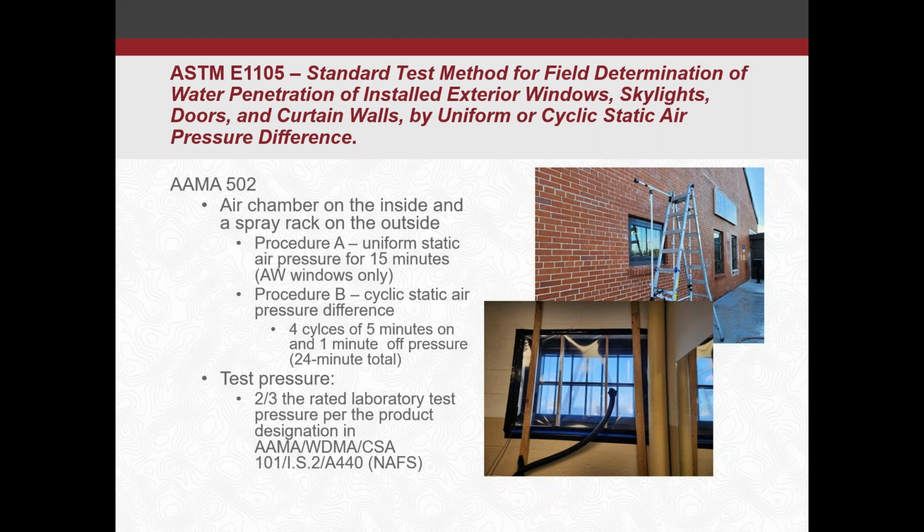The only thing that changes is the interior pressure in the negative air chamber would be 5 minutes of negative pressure, and then 1 minute you would turn the pressure off. And you would continue that cycle. On the exterior face, the spray rack would run the entire 24 minutes of the test without being shut off.